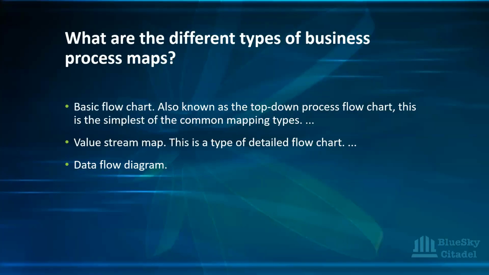All right. So the different types of business process map: we have basic flow charts, also known as the top-down process flow. The basic flow chart is just straightforward and very, very basic, to be honest. There is no swim lane and all of that.